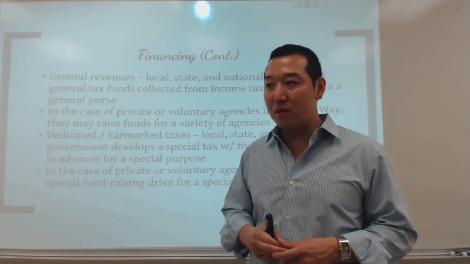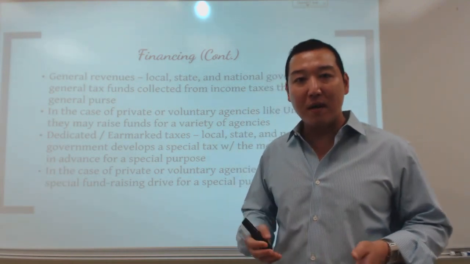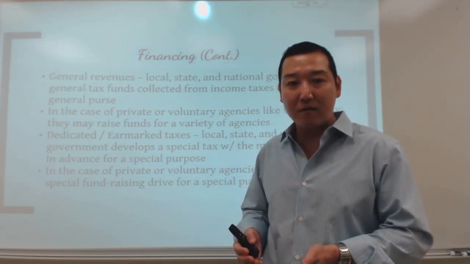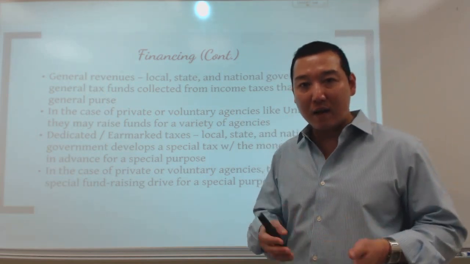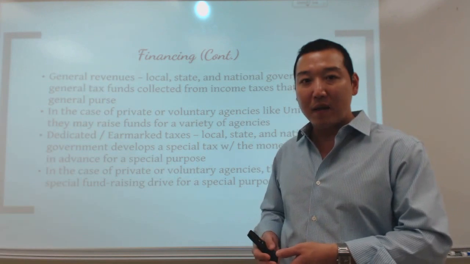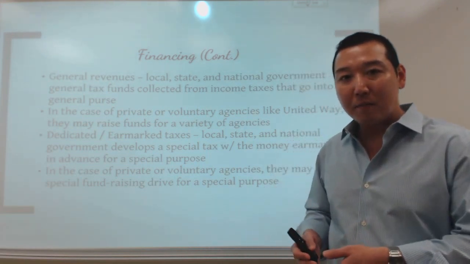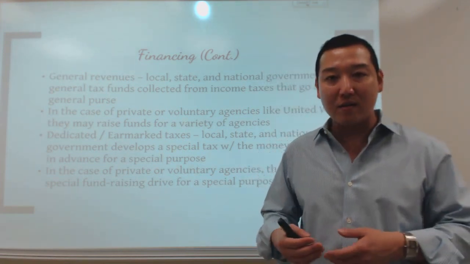And then, of course, we have dedicated or earmarked taxes. We've talked about these in the context of characterizing social insurance programs. That's what we typically think of when we're talking about social insurance. But aside from government, again, we might be talking about agencies or organizations and characterizing them as using their revenues in the way of dedicated or earmarked financing.